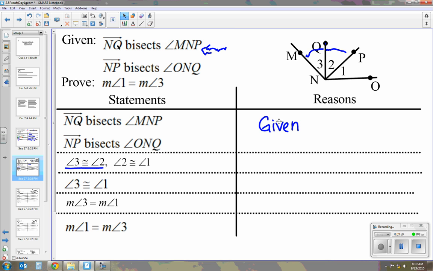And then our next one, that ray NP bisects O and Q. Well, that means angle 1 is congruent to angle 2, which is right here. So I used my definition of angle bisector.